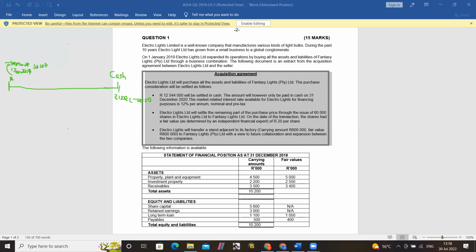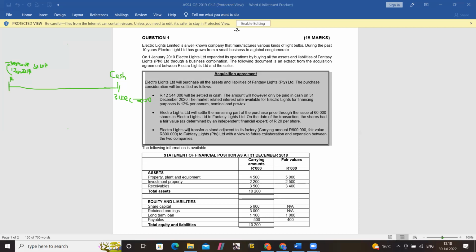On the date of the transaction, the shares had a fair value of 20 rand per share, right? And then they tell us that Electrolytes will transfer a stand adjacent to its factory, carrying amount 60,000, fair value 800,000, to Fantasy Limited with a view to future collaboration and expansion between the two companies.